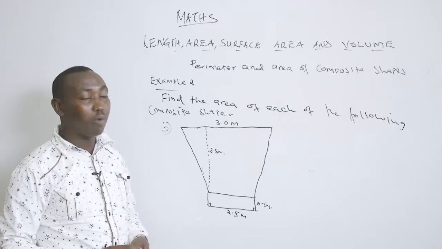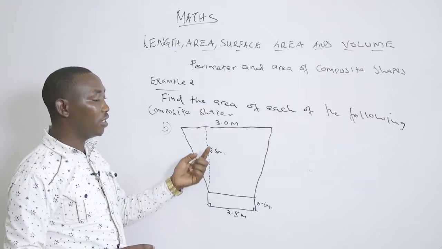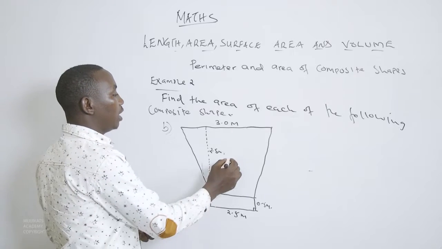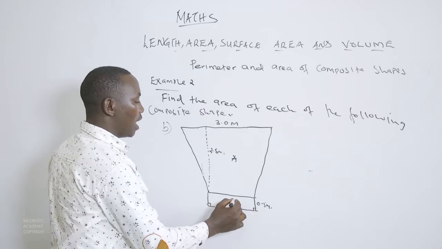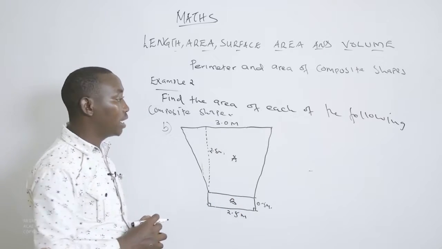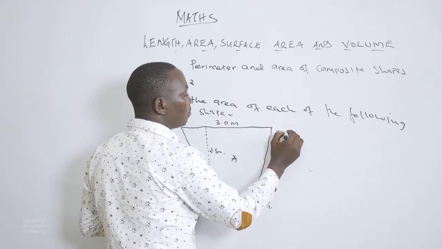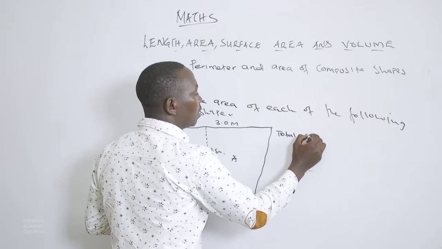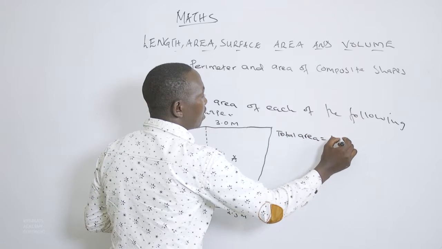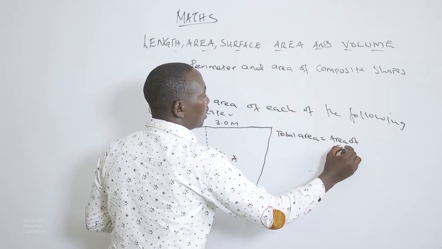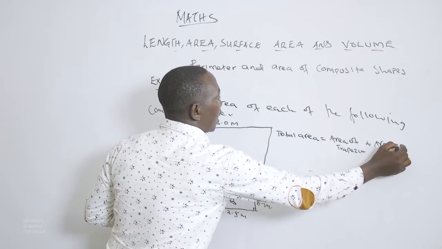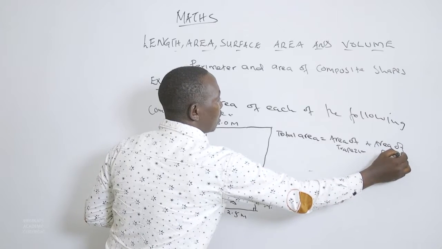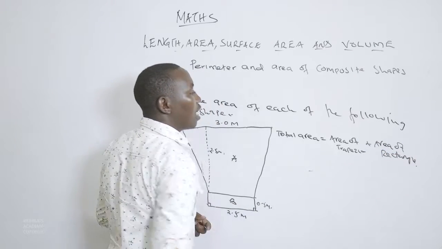And therefore, for us to find the area of this particular composite shape, we need to get the area of the trapezium part plus the area of the rectangular part. So total area will be the area of the trapezium plus the area of the rectangle.